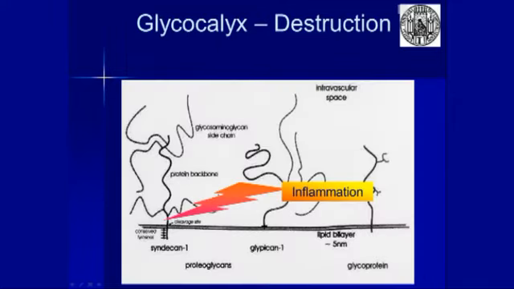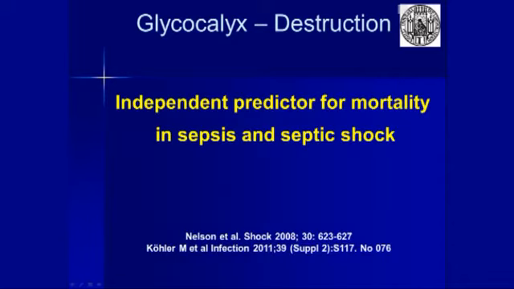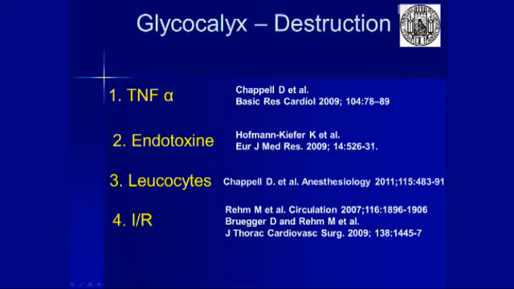Obviously, severe inflammation led to a dramatic destruction of the glycocalyx with negative impact on the outcome of the patients. It is a strong negative predictor for outcome in patients with sepsis and septic shock. So based on different experimental investigations, we could already demonstrate that TNF-alpha, endotoxins, as well as the activation of leukocytes and ischemia reperfusion injuries are main triggers for the destruction of the endothelial glycocalyx.